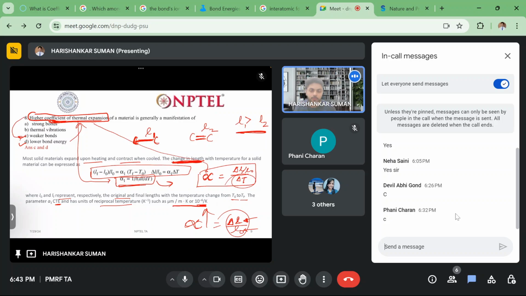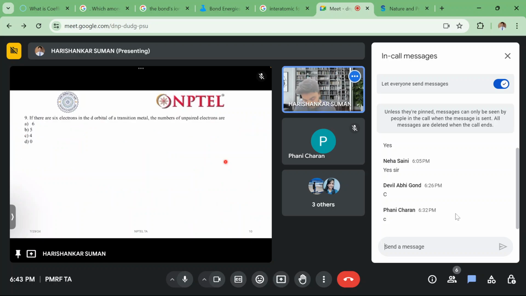Okay, next question. If there are 6 electrons in the d orbital of a transition metal, the number of unpaired electrons is? 6 electrons, and d is the orbital.